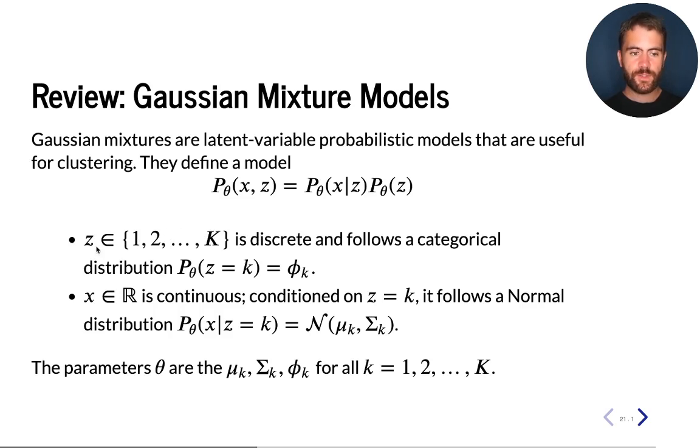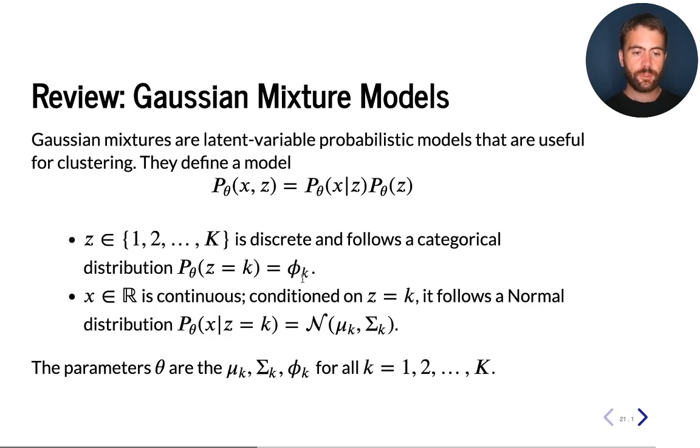Its corresponding z would be the index of the cluster from which x came. And then x is a point that is generated from one of the k possible clusters, and the probability of seeing x given that the cluster is k is given by a Gaussian distribution with mean mu and covariance sigma, and each of these is indexed by k because they're different for each cluster.